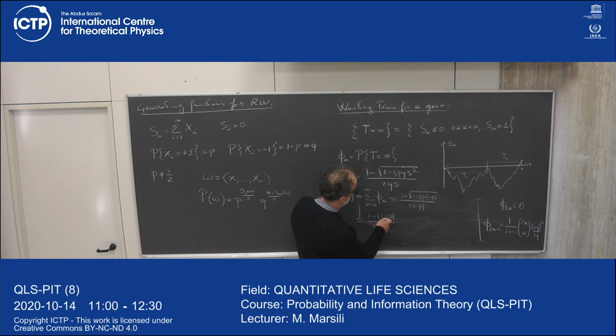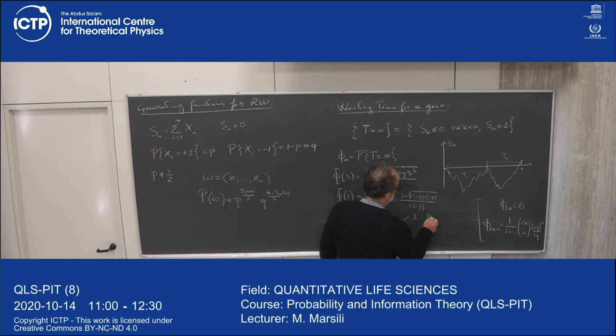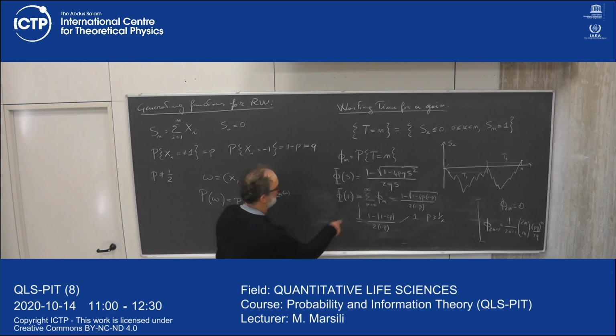If p is larger than 1/2, then 1 minus 2p is negative, so you have 1 plus 1 minus 2p, and it cancels with this, so you just get 1 if p is larger or equal to 1/2.